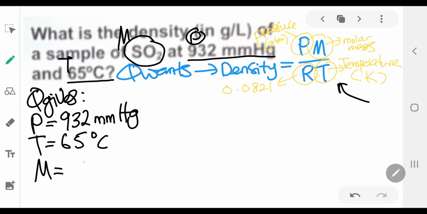Molar mass, what is given to you is SO2.